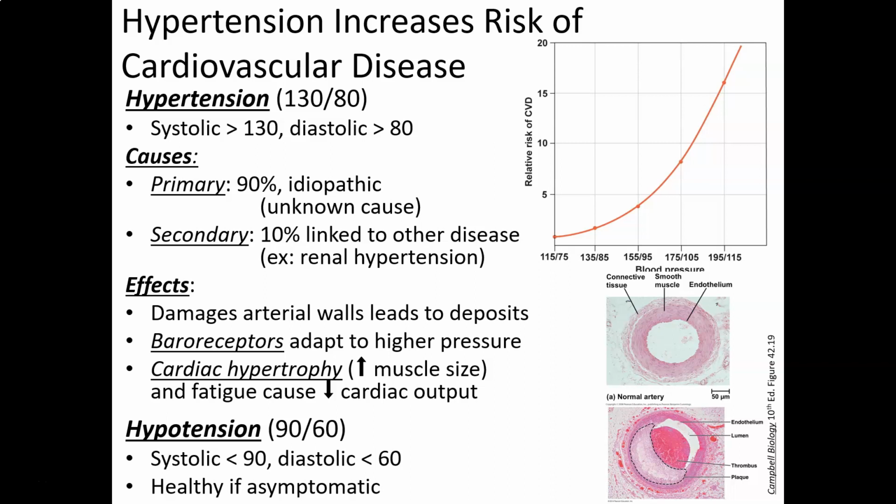That means less people are dying, and lower morbidity. That means people are having less disease complications. So they've decided that the new normal is 130/80. So if you have a blood pressure that exceeds 130 in systolic or exceeds 80 in diastolic, then you would be said to be hypertensive.